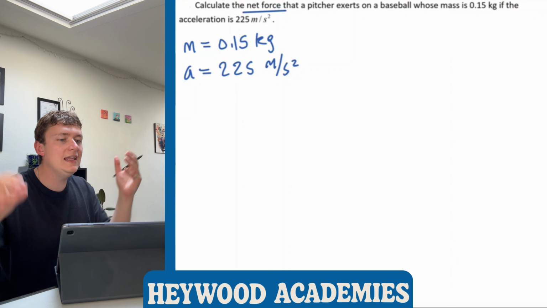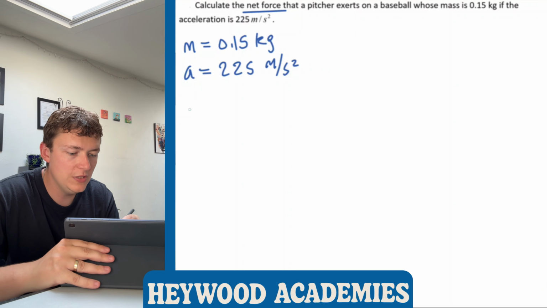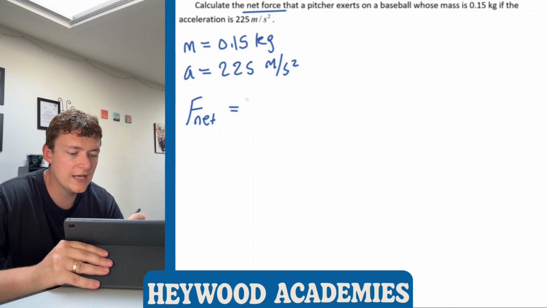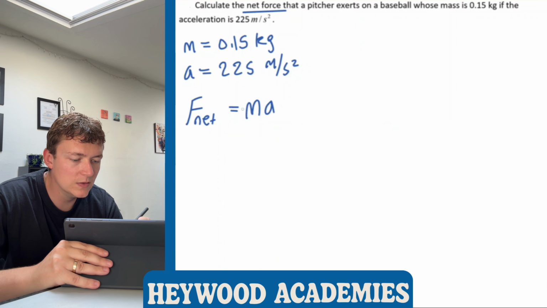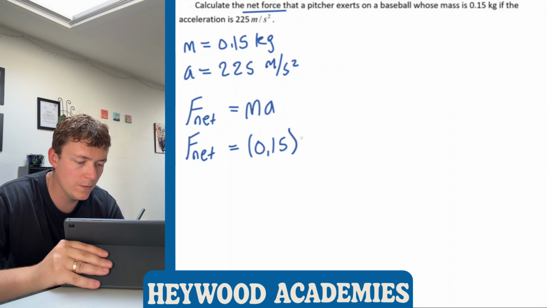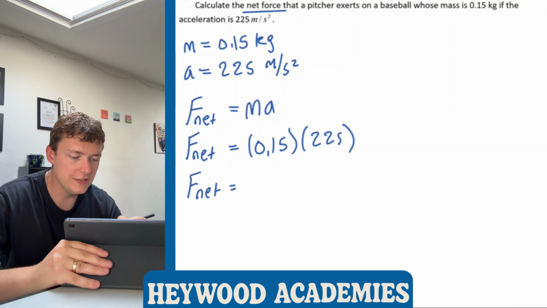They didn't give us any information about the individual forces, so our only option is not to use a free body diagram, but to just use Newton's second law. F net is equal to ma. We've got what we need, so we can plug in the numbers. Mass is 0.15, acceleration is 225, and we can solve for this net force.